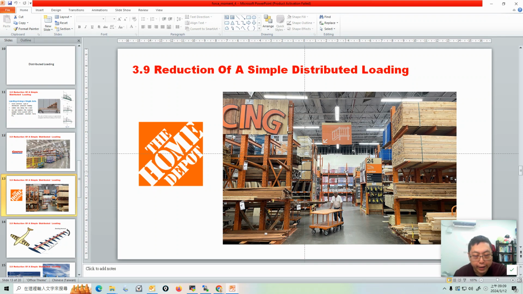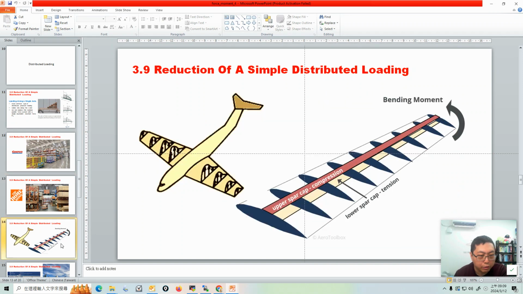This also happens in your plane. You have the wings, and if you want to lift up a plane, you apply a lift force on the wing, and then your plane will take off. The lift force on the wing is not uniform. It has a distribution.